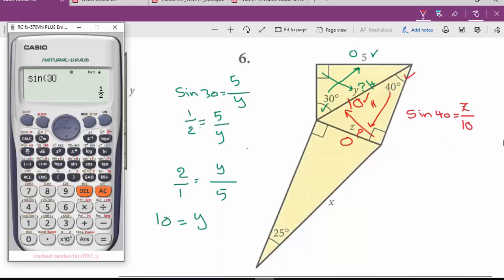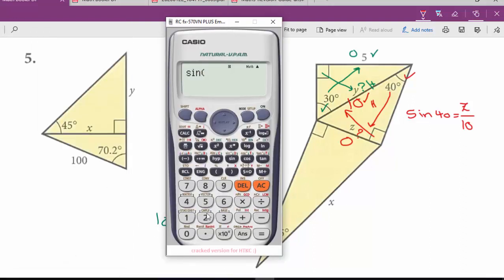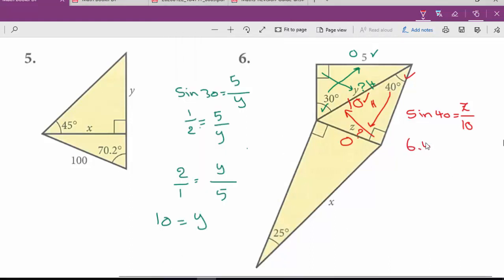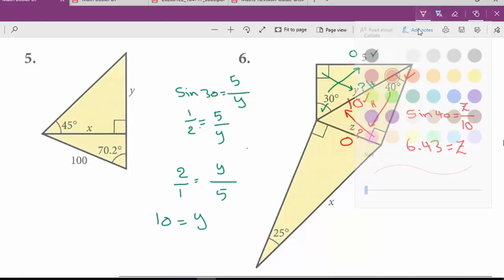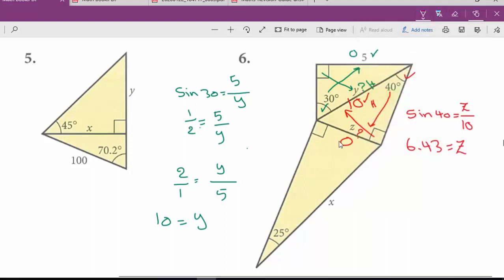Sine of 40 is equal to this, and we need to get rid of this 10, so this number times 10, it's equal to 6.43. 6.43 is the length of z. Now we know z is 6.43.